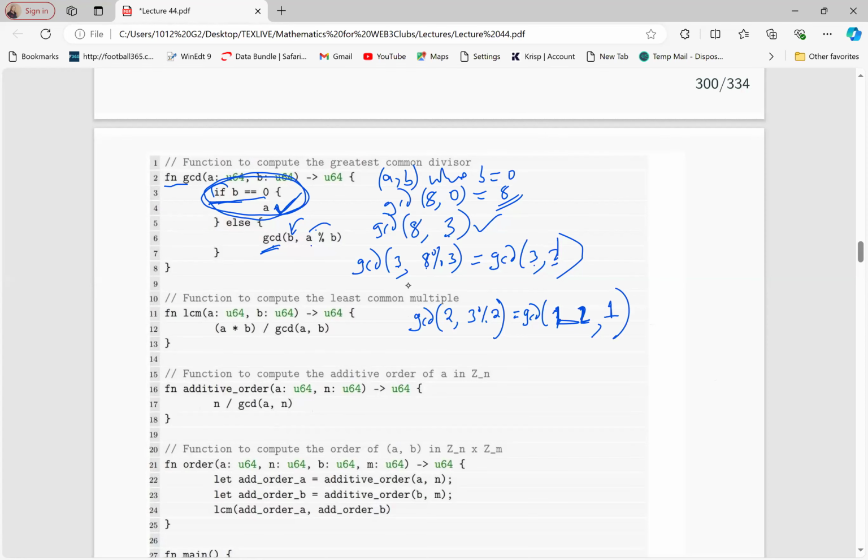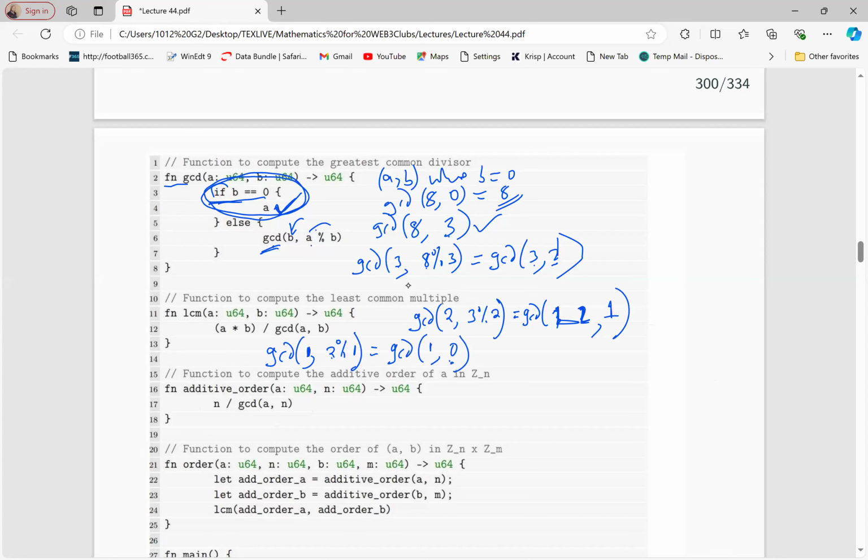So the next call, therefore, is the GCD of 1 and then 2 on division by 1, what is the remainder? So that is a GCD of 1 and 0, because 2 divided by 1, the remainder is 0. So the GCD becomes A because B is now 0.